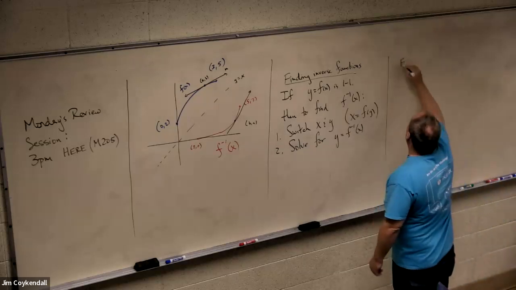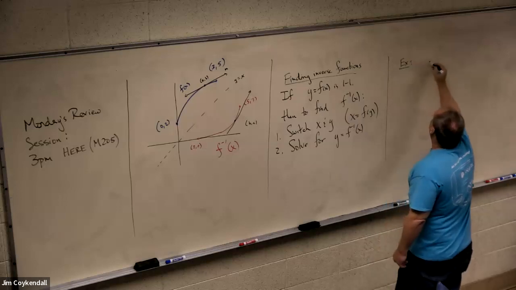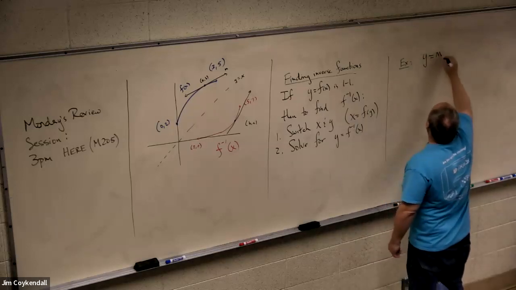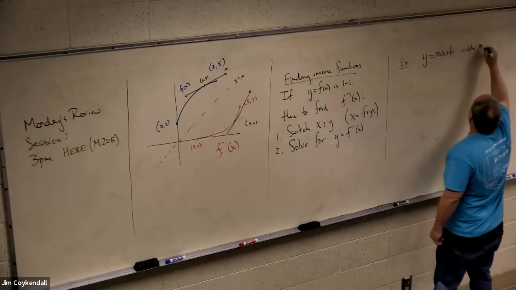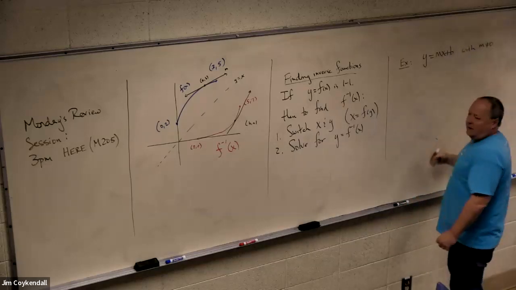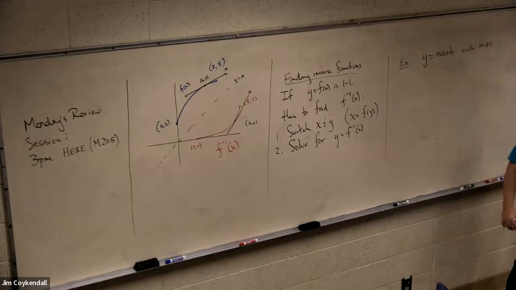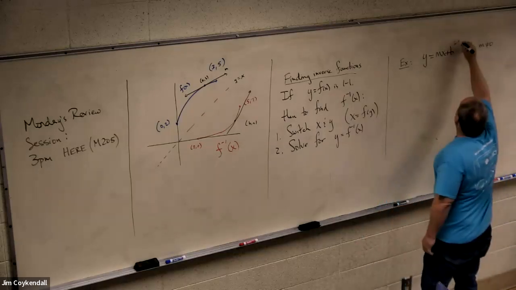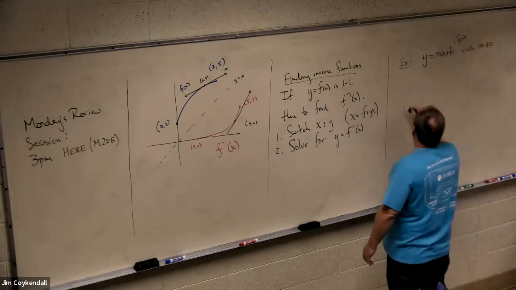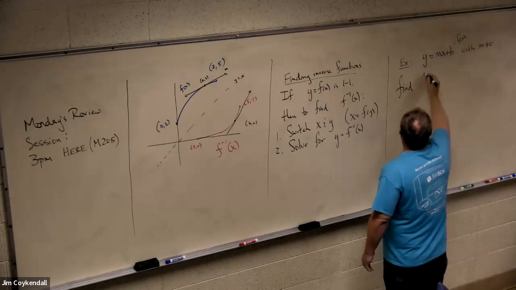Example: let y equal mx plus b with m not 0. So here I'm saying that I'm going to take some line, and it's not horizontal. Fine. If I call this f of x, I want to find f inverse.